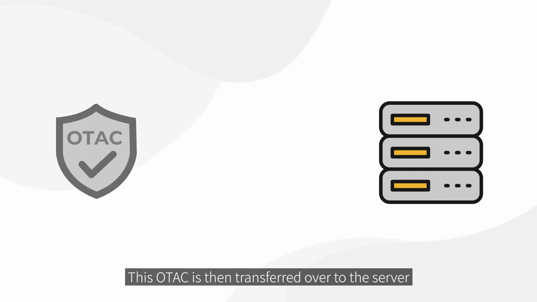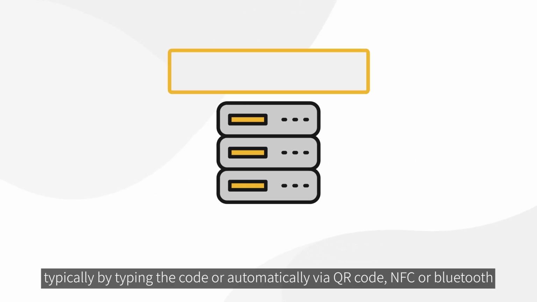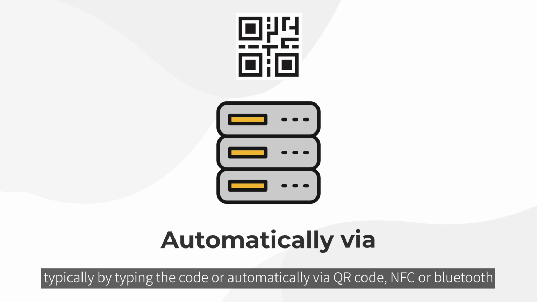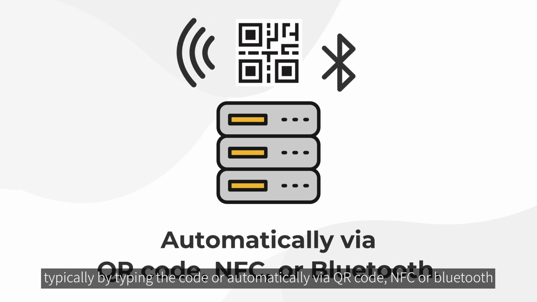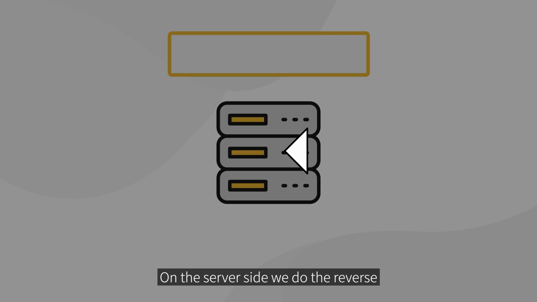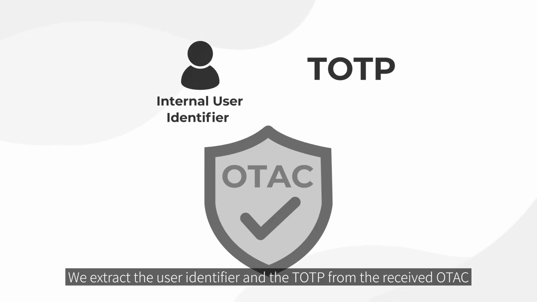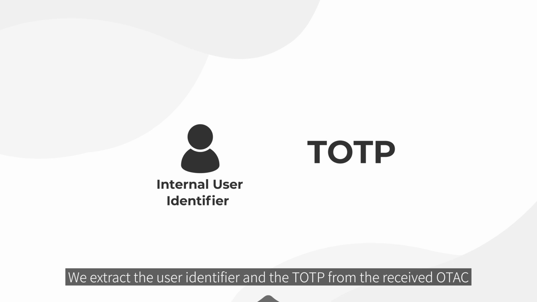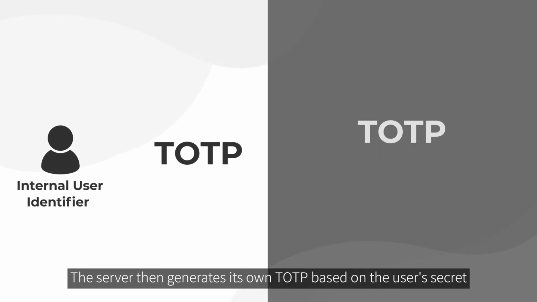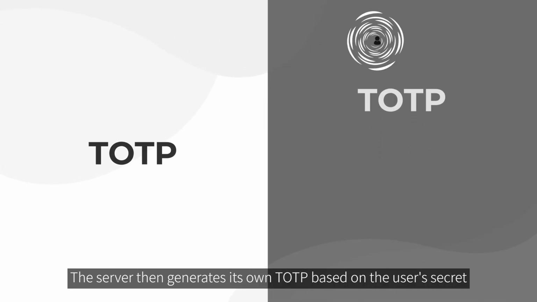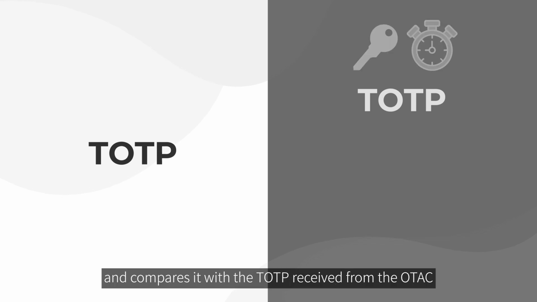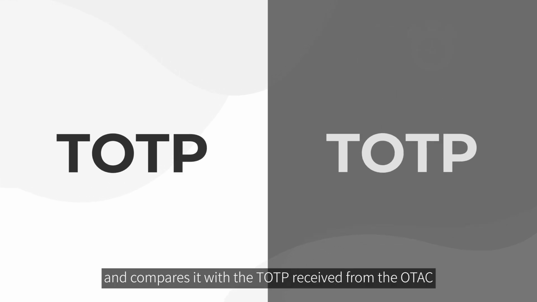The OTAC is then transferred over to the server, typically by typing in the code, or automatically by a QR code, NFC, or Bluetooth. On the server side, we do the reverse. We extract the user identifier and the TOTP from the received OTAC. The server then generates its own TOTP based on the user secret and the system time and compares this with the TOTP received from the OTAC.